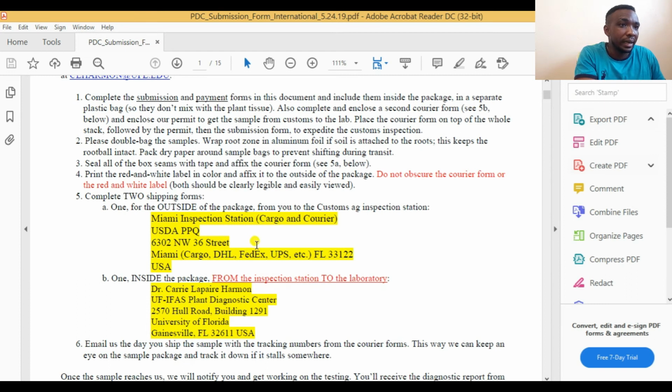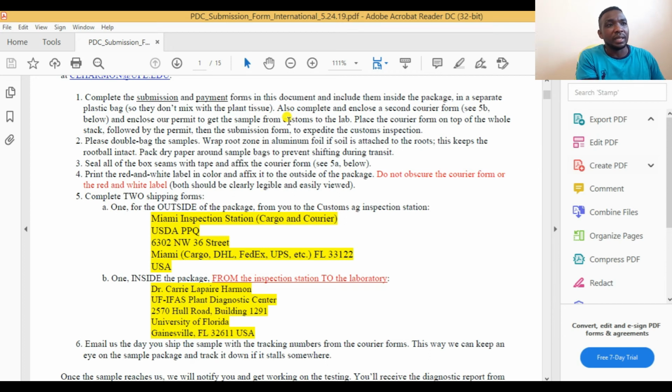And then after that, it says followed by the permit. The permit, remember the permit I showed you earlier? That permit goes on top of the shipping form, right? So the shipping form, then the permit, and then let us see what else. And then the submission form, right? The submission form is the form that I explained to you that you put all information on, as to the plant, what is affecting the plant, how the plant looks, your information, your credit card information, and so on.